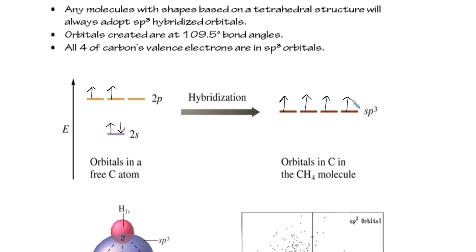Now it tells me here, any molecules with shapes based on a tetrahedral structure will adopt these sp3 hybrid orbitals. These orbitals are for shapes based on the tetrahedron. So obviously the tetrahedral, I'll write that down.